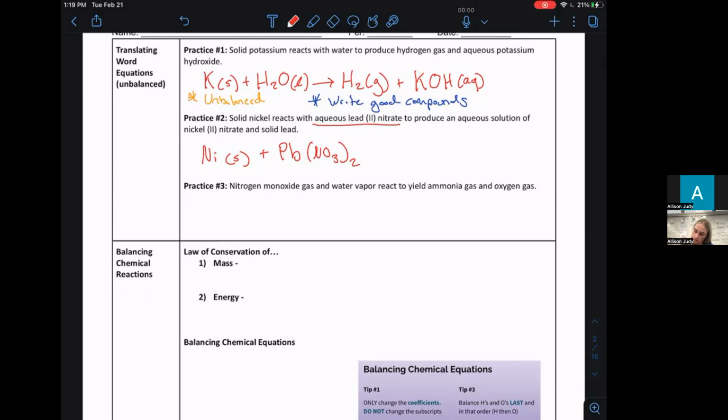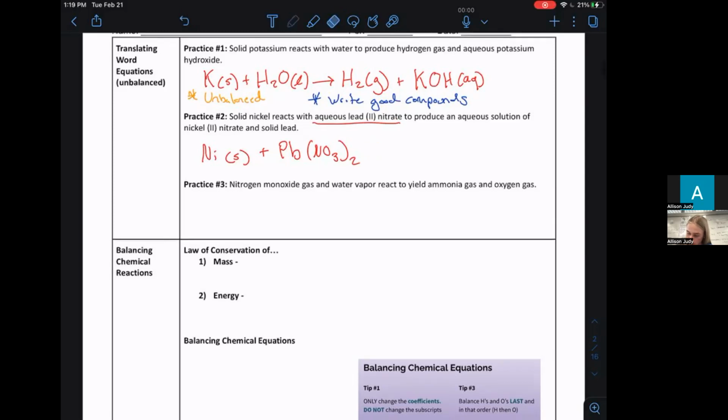Okay. That reacts to produce, oh wait, whoops, I forgot, this is aqueous. Reacts to produce an aqueous solution of nickel-2 nitrate and solid lead. So nickel-2 nitrate is going to be very similar to lead-2 nitrate.